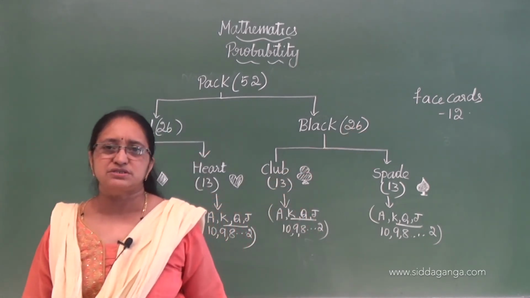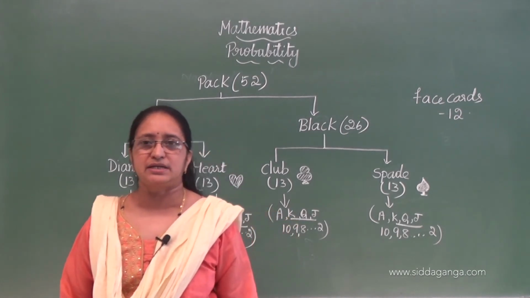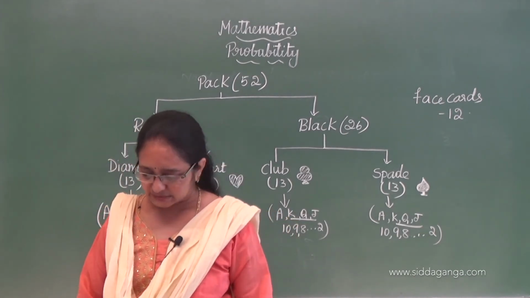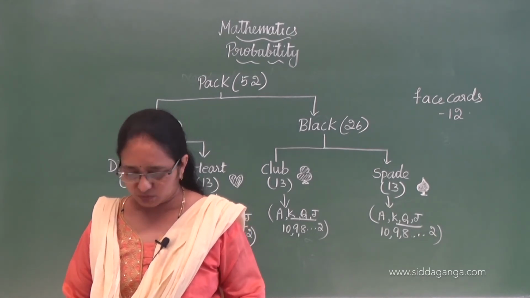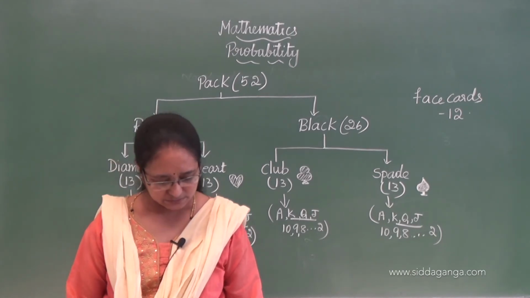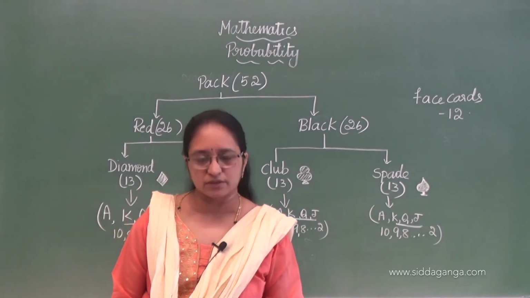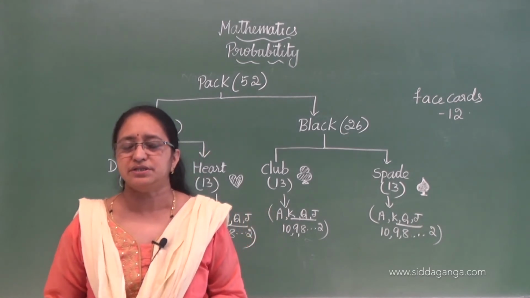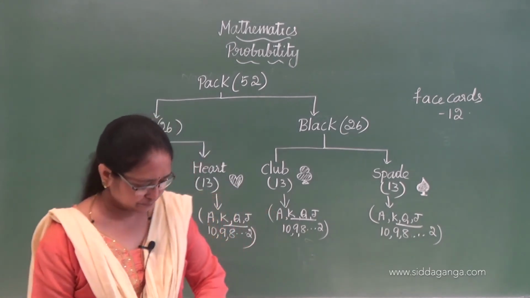So this information, I think it will help you for the problems related to playing cards. Next, let us work out a few examples. Which all we have studied today, I will go on recalling by using the examples which are given in your textbook only.